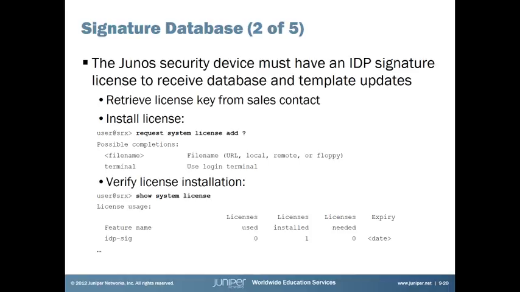So there's a database that lists all the licenses that your particular device has. You can verify the license installation with the show system license command. You should receive the IDP signature, and you'll see an expiry date as well.